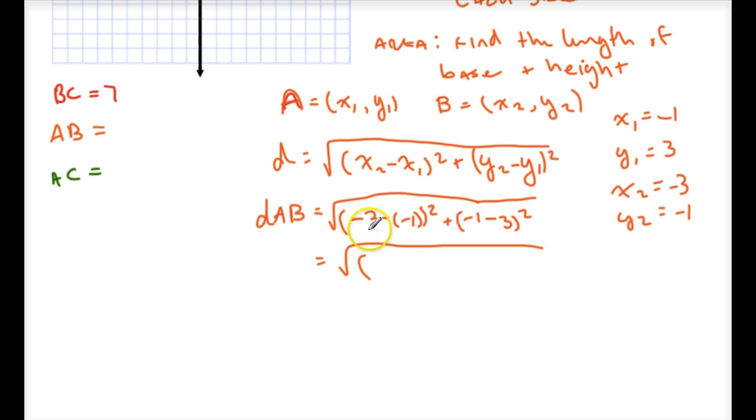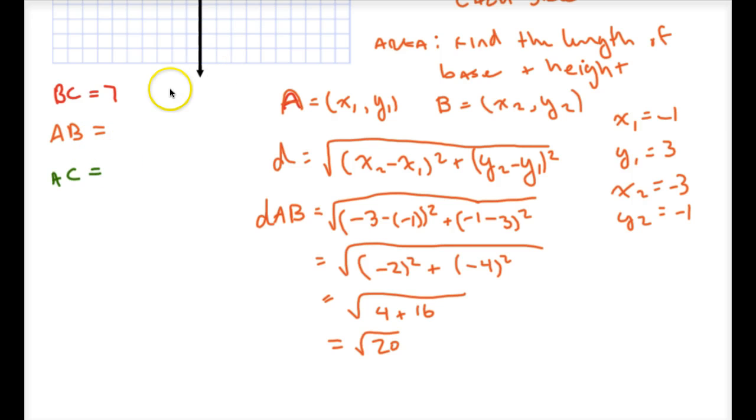That's the square root of -3 minus -1, which is really -3 plus 1, so -2 squared, plus -1 minus 3, that's -4 squared. So we'll get the square root of 4 plus 16, which is the square root of 20. The square root of 20 is my distance for A and B. We'll leave it at that for now, and do an approximation when we actually add up the perimeter.